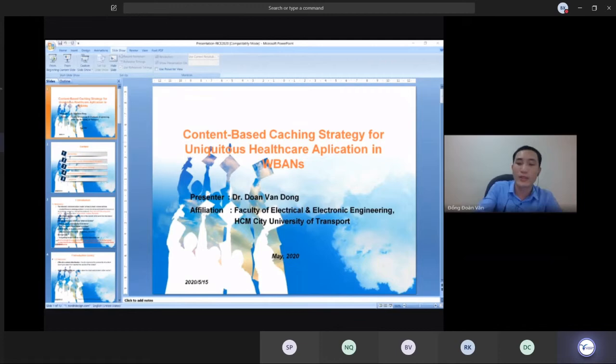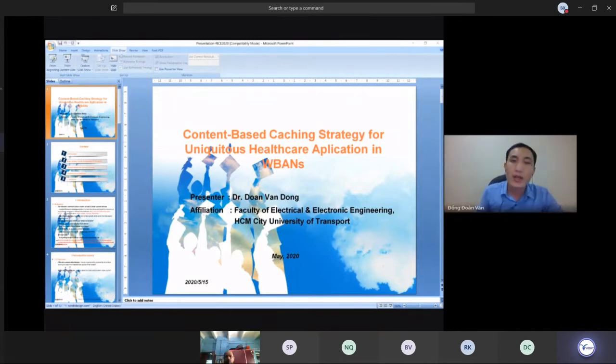So, the results of our scheme in the CCN wireless body area network model. We evaluate two metrics. The first one is the cache hit ratio, and the second one is the data retrieval delay.